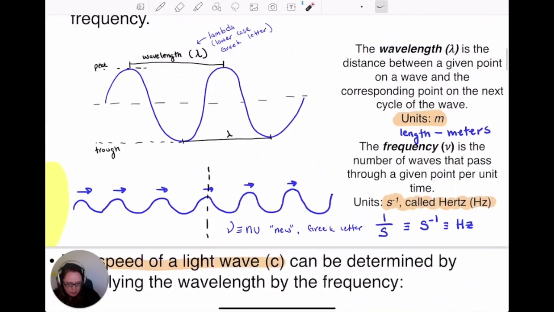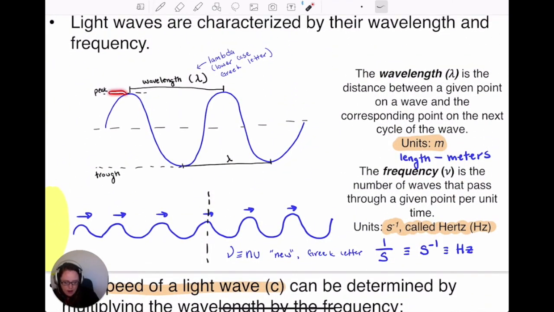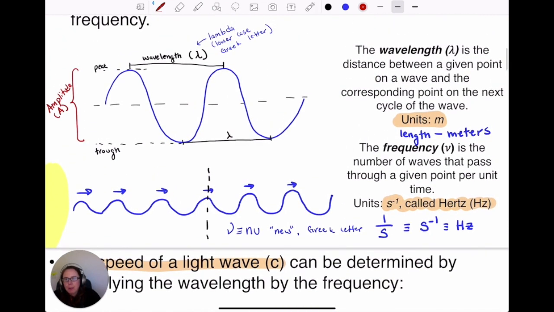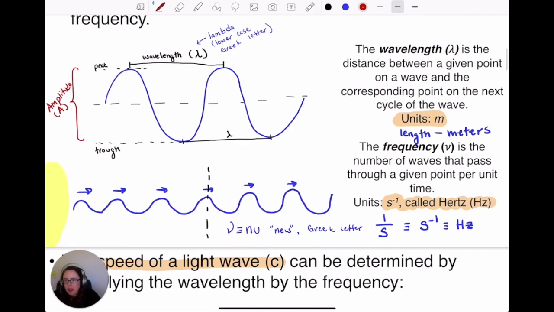So we talked a little bit about how we have our highest point of the wave and the lowest point of the wave. The distance between the highest and lowest point is called the amplitude. That's abbreviated just with a capital A, so it's much more straightforward than lambda and nu. We don't use amplitude in terms of calculating the speed, or the energy of light.